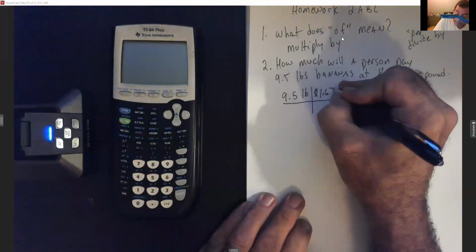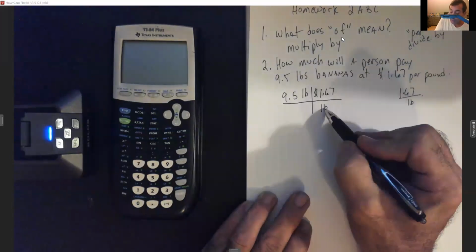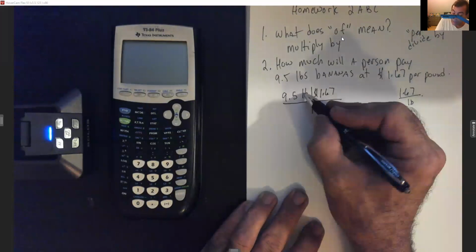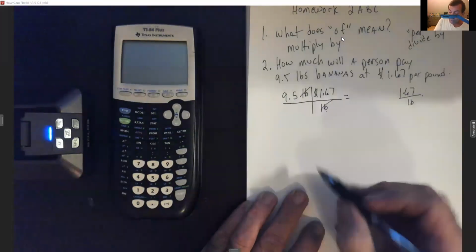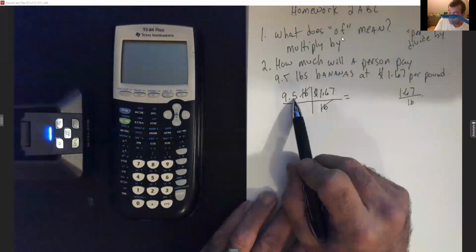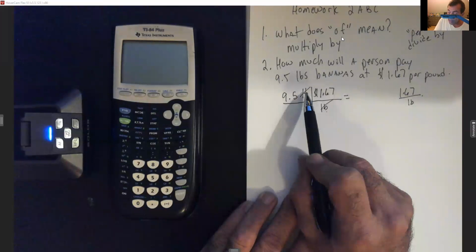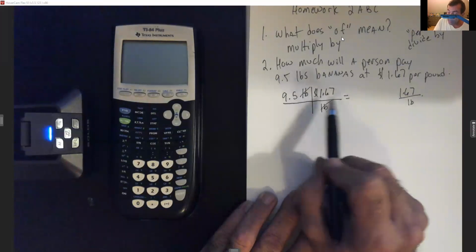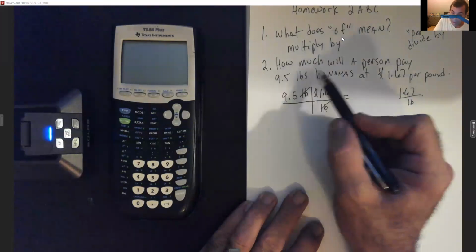The pounds are on the bottom, these pounds are on top. You need one on top and one on bottom so that they'll cancel. Now we'll be left with how many pounds we bought at the price per pound we pay. So when the pounds cancel, we end up with the money, and that's what we need since we're talking about how much we're going to pay.